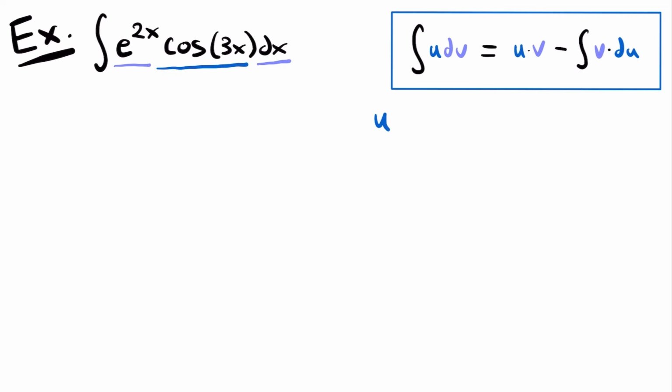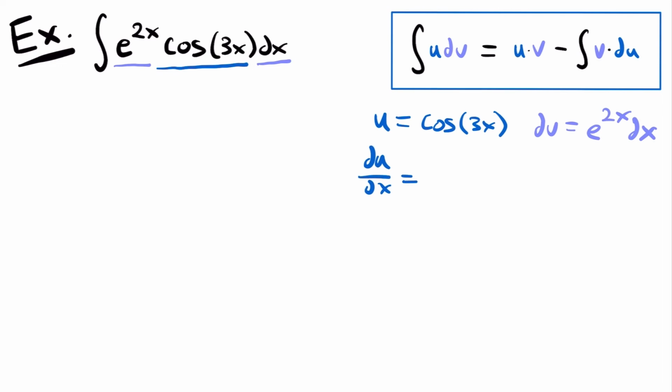Okay, so u is equal to cosine of 3x, and dv is equal to e to the power of 2x dx. All right, and so let's take the derivative of u. We'll have that du/dx is equal to the derivative of cosine, which is negative sine, and then we'll keep that same inside function, and then multiply by the derivative of that inside function.